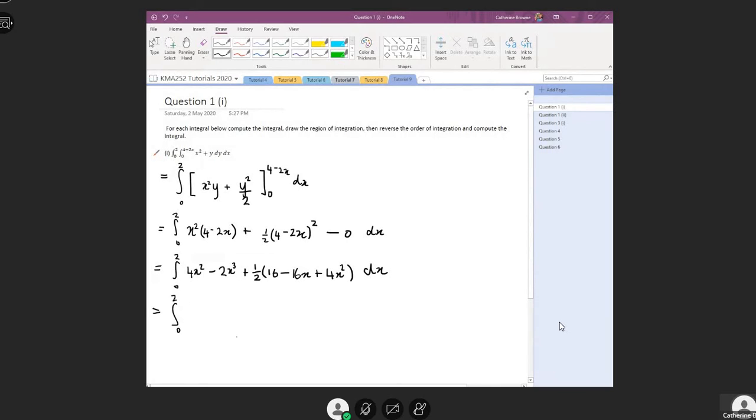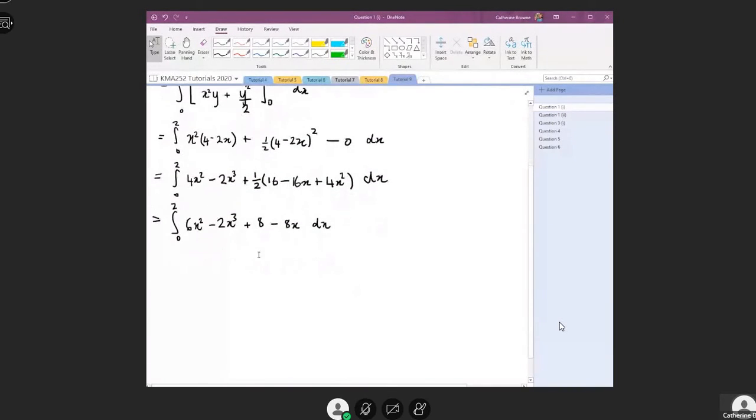And then if we collect the powers of x, we get 6x squared minus 2x cubed plus 8 minus 8x dx.